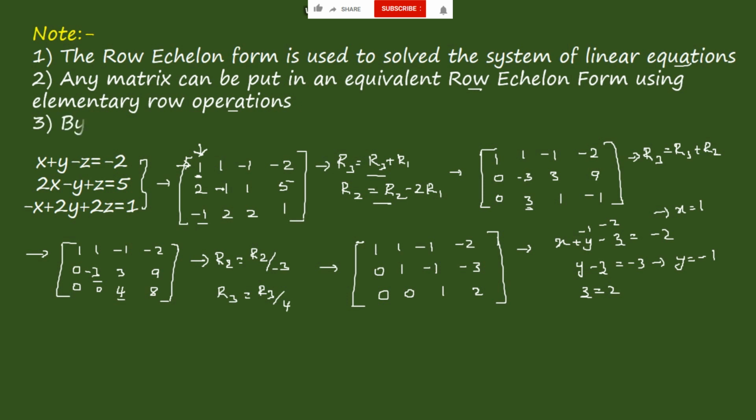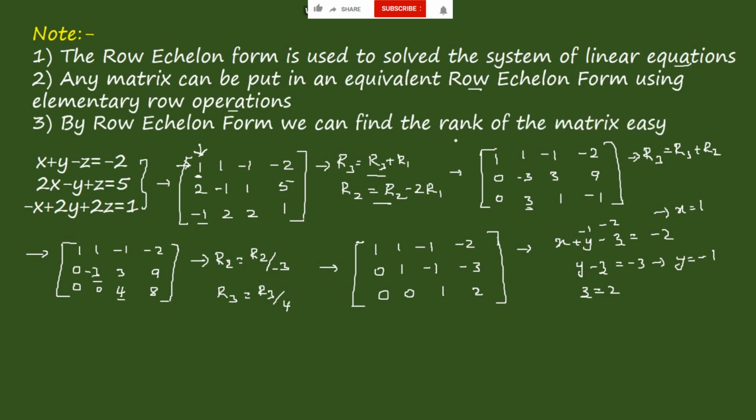Come to the third one. By row echelon form, we can find the rank of the matrix. If you consider this particular matrix, it is a 3 by 4 matrix. So the rank of this matrix is equal to 3. So it is easy to find the rank of the matrix, and it is easy to solve any linear equations.